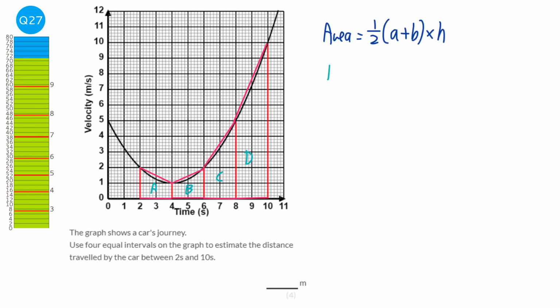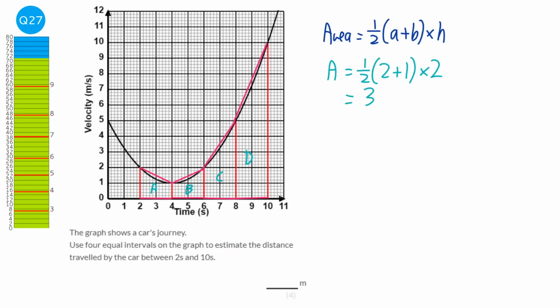So let's do this for the area of A. So it's going to be half brackets. Now A and B are the parallel sides, so it's going to be this side here and this side here. So that would be 2 plus 1. H is the perpendicular distance between them, so this bit here. So it's on its side, so the height is actually the width, isn't it? So we're going to times that by 2, and that gives us 3.